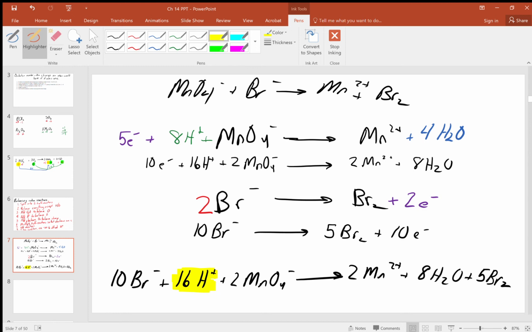What if we wanted to balance this under basic conditions? How would we do that? Well, that's where our last step comes into play. So let's copy this over.